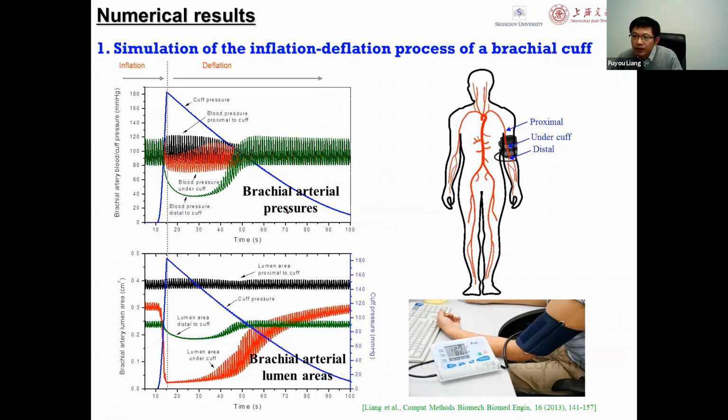From our model, you can see that when the cuff pressure is much higher than the blood pressure, the pressure distal to the cuff decreased significantly, and the pulsation of pressure disappeared. Following the decrease of cuff pressure, the pulsation of blood pressure will recover gradually.